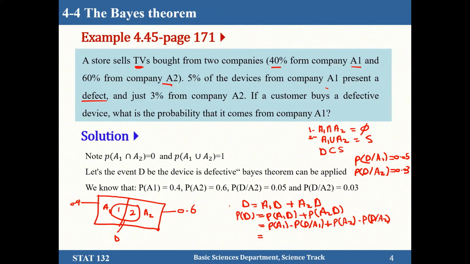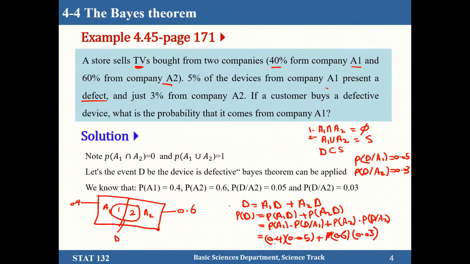Simply put, we just multiply P of A1, 0.4, by the defective probability given A1, 0.05, plus P of A2, which we already have as 0.6, multiplied by 0.03.